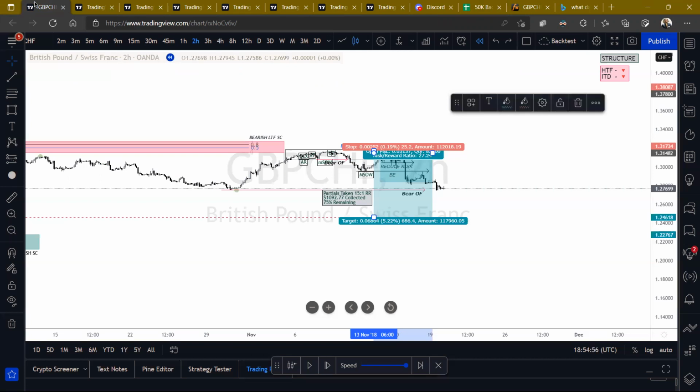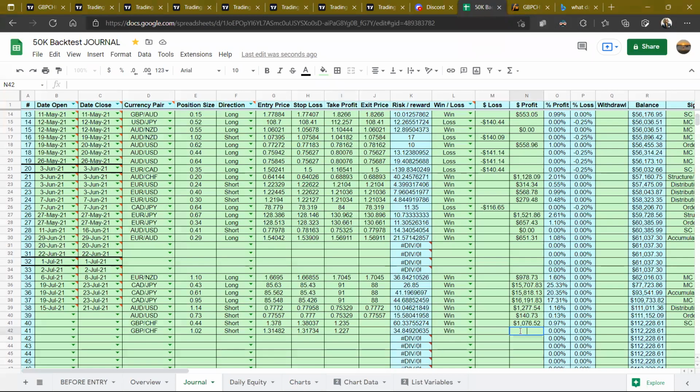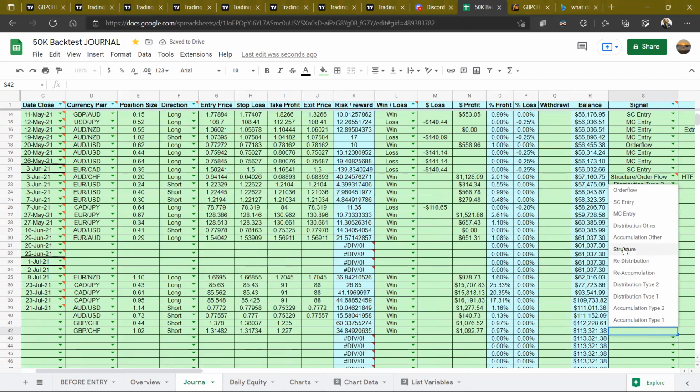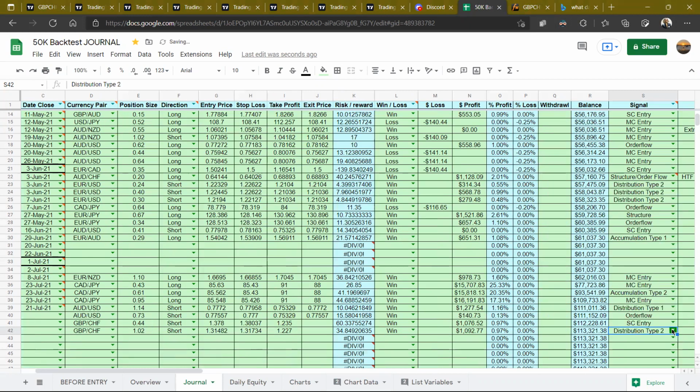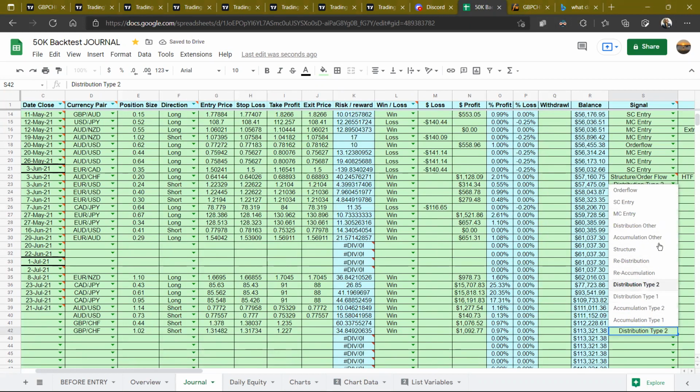So for the record, 109277, and that once again is also SC. That was a distribution type distribution in SC.